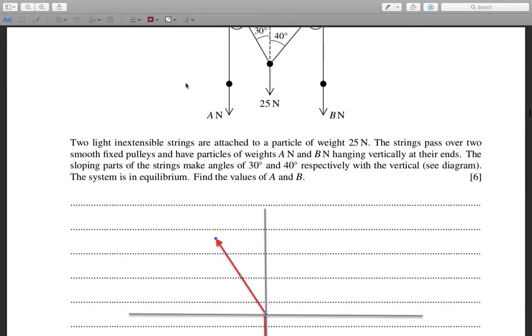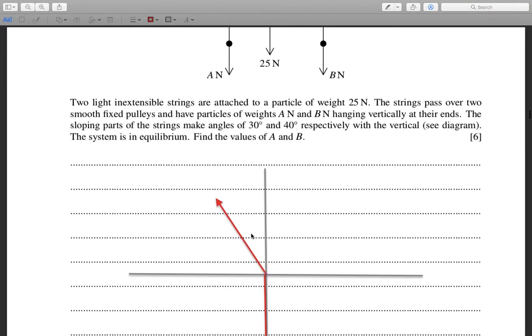This is A Newton with a 30 degree angle here, and also we have B Newton with an angle of 40 degree. This is B Newton. Okay, we're going to find A and B.